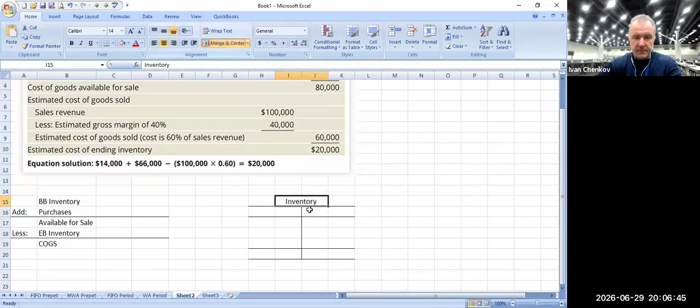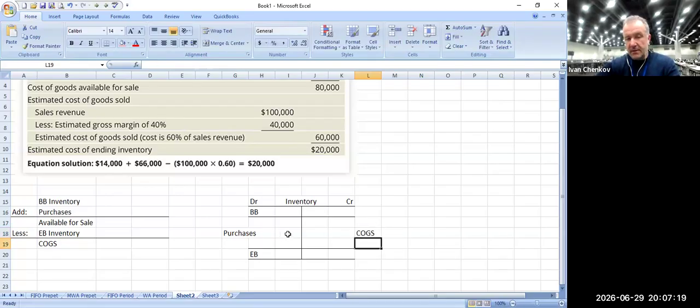Let me merge those two cells, and now we're going to have here debit, and here I'm going to have inventory. What we know about inventory is it's a balance sheet account. Normal balance is debit. Beginning balance is on the debit side, ending balance is on the debit side. If you want to sell the inventory, we have to purchase it. And once we sell it, it becomes cost of goods sold. So the cost of goods sold comes from the inventory account.